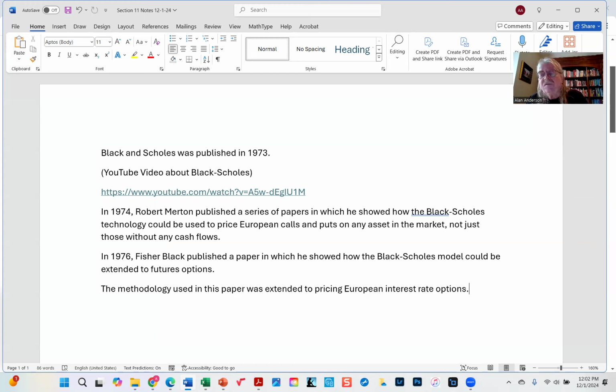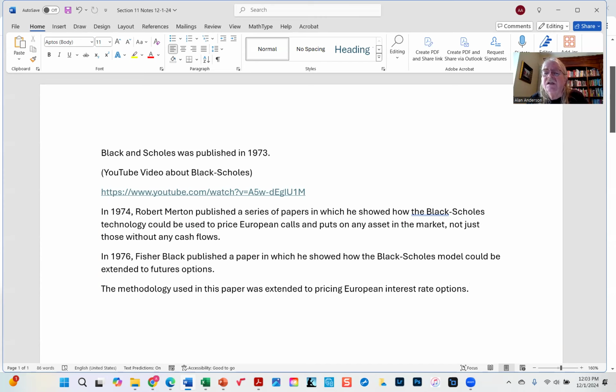Now, there's some fudging going on here. The assumptions of Black-Scholes are not necessarily perfectly suited to interest rate options, but they seem to do a pretty good job. And they're still used to this day on Wall Street to price interest rate options. So this is awfully important, and we're happy to have it because you certainly can use lattice methods for American style interest rate options, but it turns out that most interest rate options are actually European style because they enable hedgers to hedge an exposure at a specific point in time, which means it doesn't do them any good to be able to exercise them early.